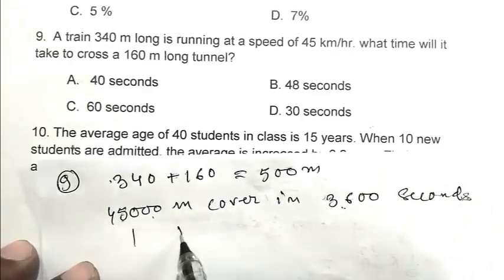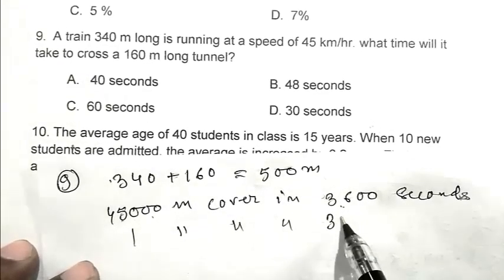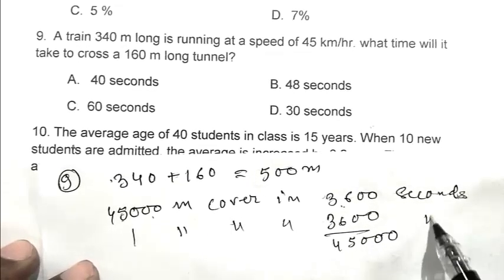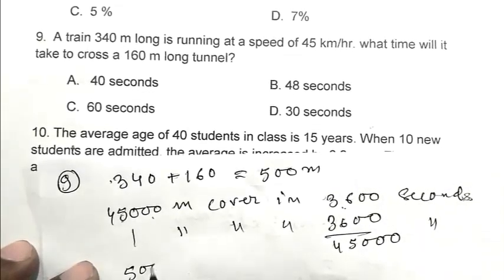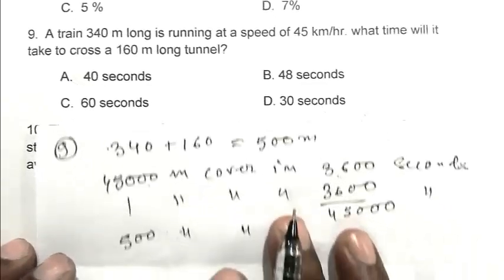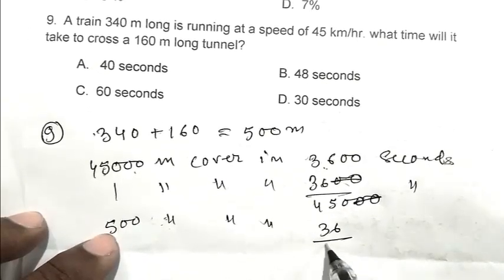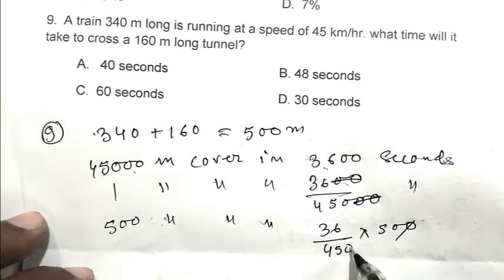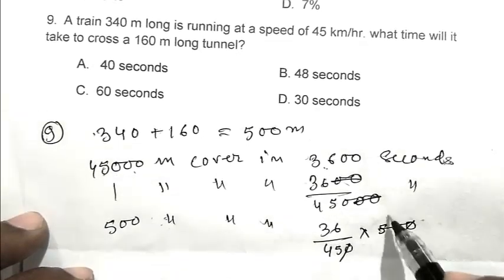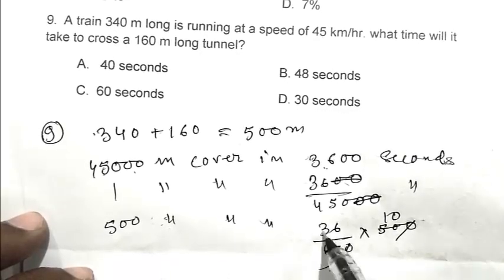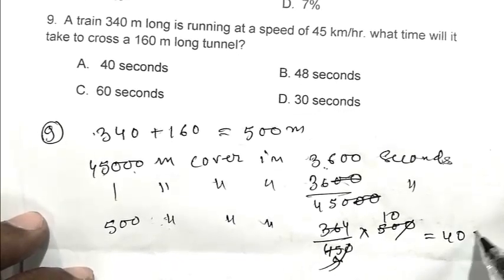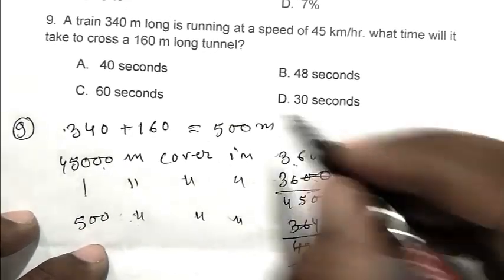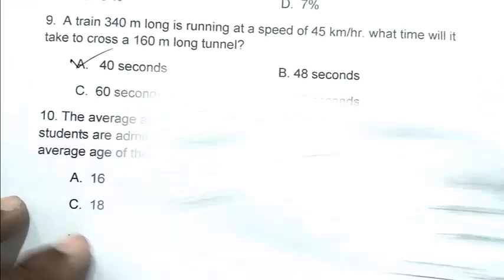So 1 meter is covered in 3600 by 45,000 seconds. 500 meters are covered in 36 by 450 into 500, so it becomes 40 seconds. So A is the right answer.